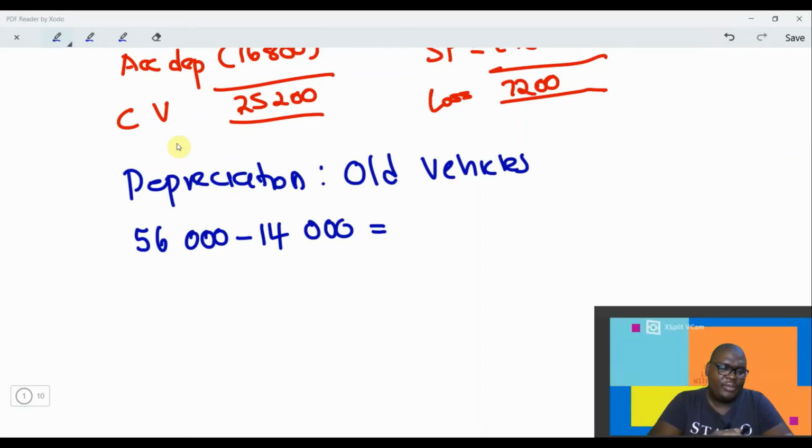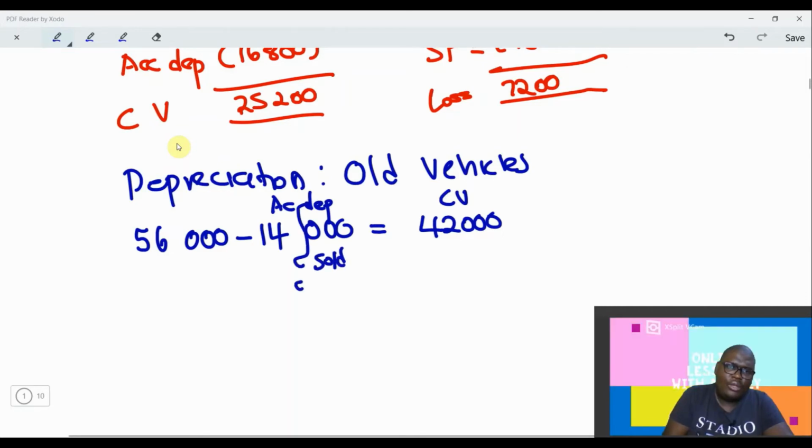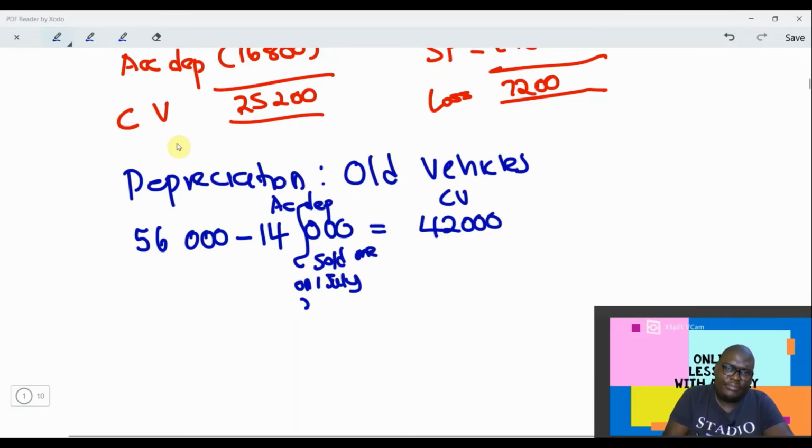So we subtract that 14,000. 56,000 minus 14,000, we get 42,000. Remember, this is your accumulated depreciation, and this is also your accumulated depreciation, but this one is for the sold one. Okay, and this is on 1 July 2000.